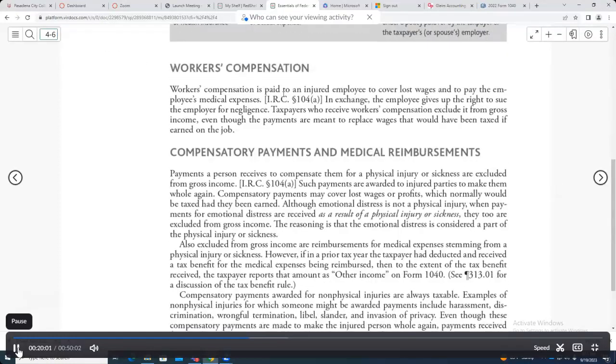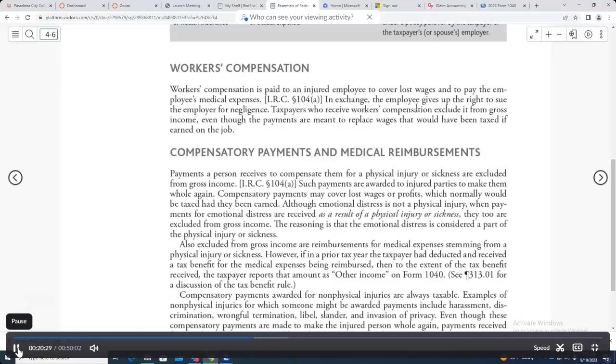Workers' compensation. Workers' compensation is paid to an injured employee to cover lost wages and pay the employee's medical expenses. That is an insurance that the employer is buying to prevent you from suing your employer. So your employer is paying for that.